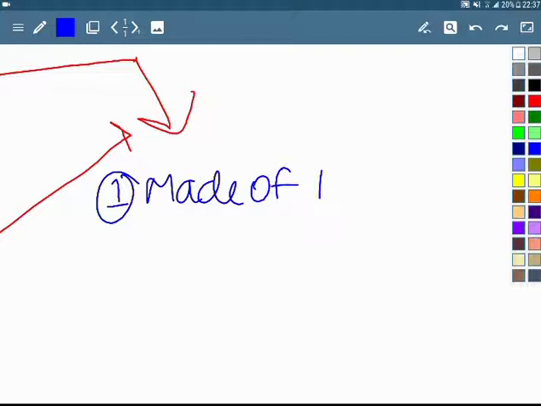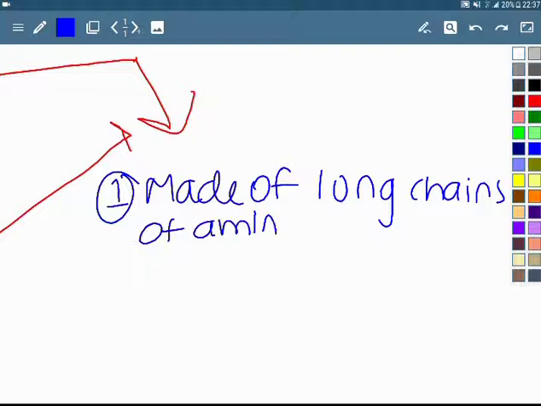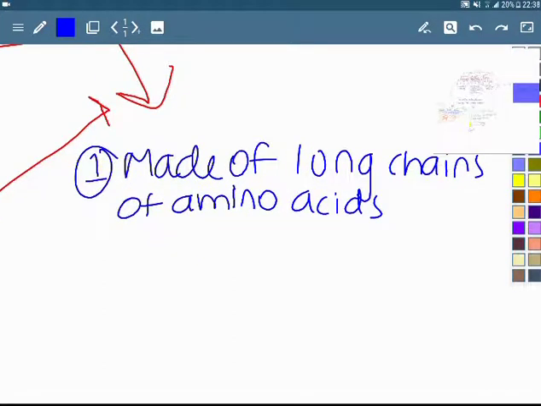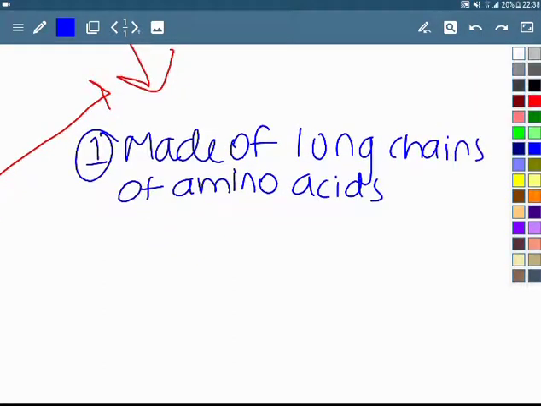Made of long chains of amino acids. There are 20 different types of amino acids that exist. Okay, now different sequences of amino acids result in different types of proteins with different 3D shapes.